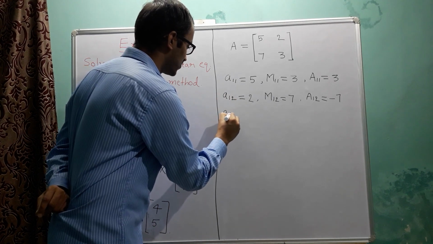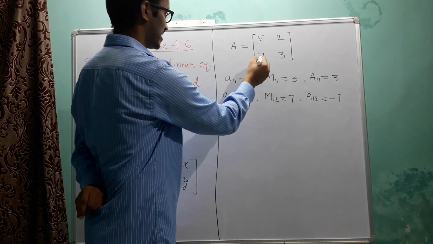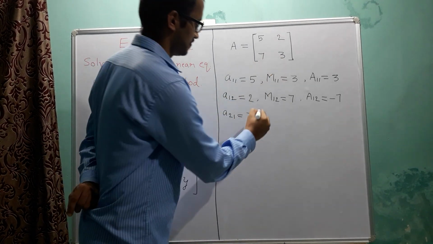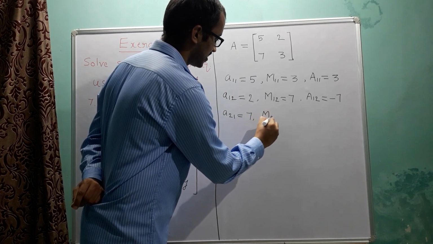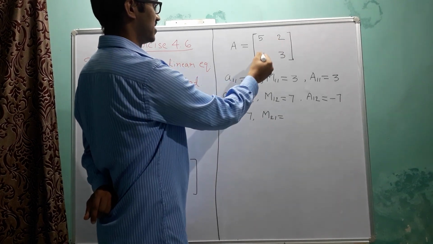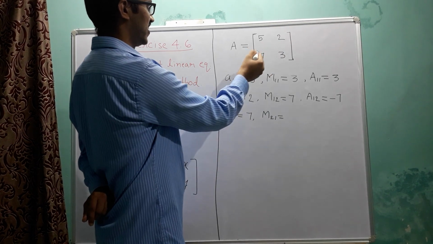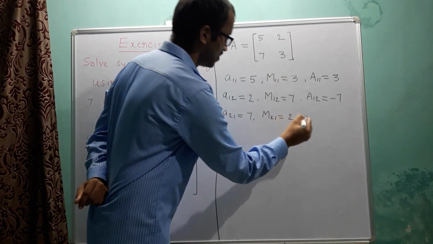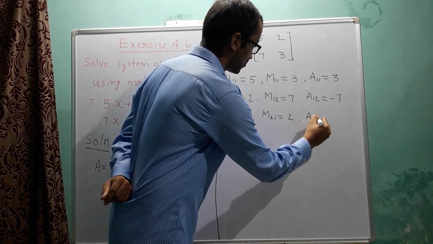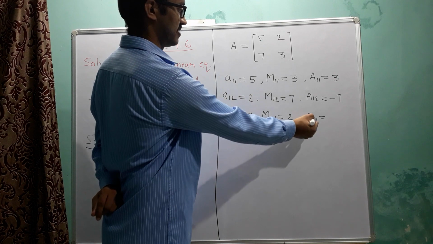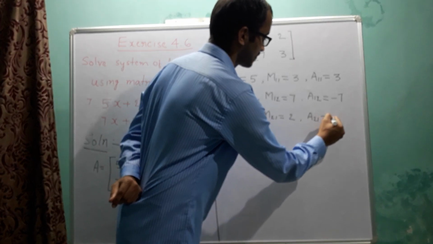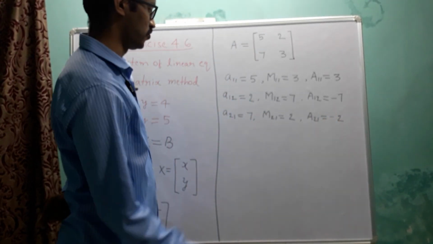Next element A21, the first element in the second row, 7. Its minor M21 is the diagonally opposite element, which for 7 is 2. And the cofactor is denoted by A21. Again the sum of the suffix is odd, so the cofactor becomes the negative of the minor, so minus 2.